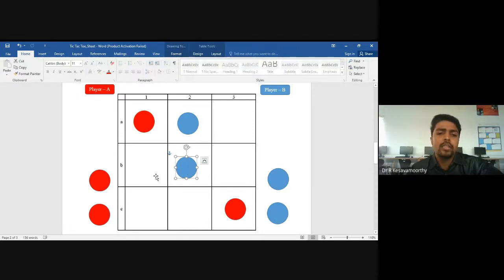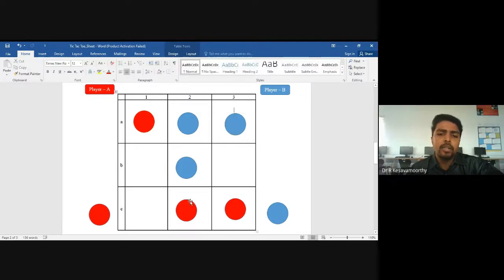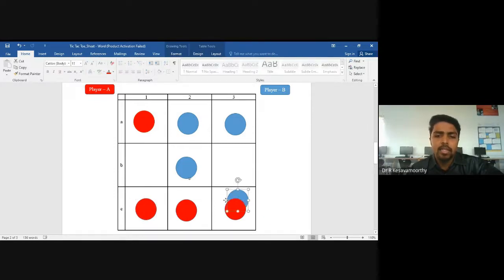And then you can see that player A will move here, and then player B will go to any of the places here so that it may make a winning move the next time. But you can see here there is actually a gap wherein player A has placed 3 coins in a row horizontally at the third row.